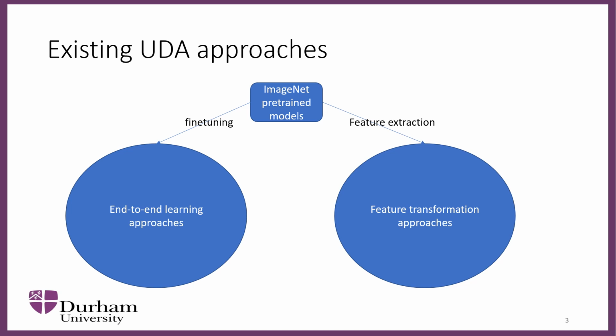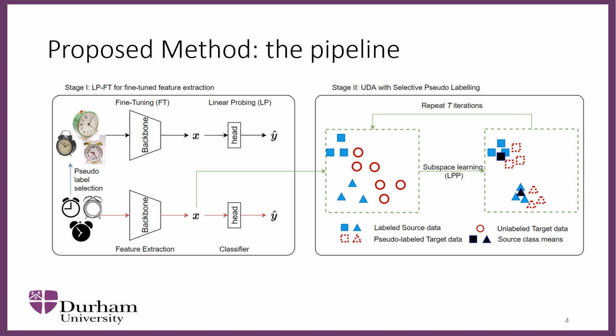One obvious question is, can we take advantage of both types of approaches and further improve the UDA performance? To answer this question, we designed a pipeline consisting of two stages. In the first stage, we fine-tuned the backbone network on the dataset from the specific domain adaptation task so that it can be used to extract improved features for the specific domain adaptation task.